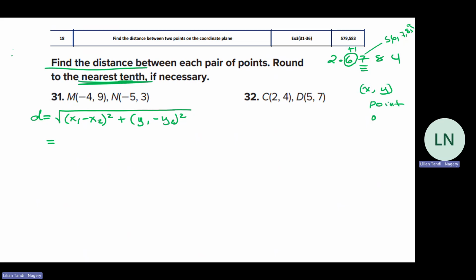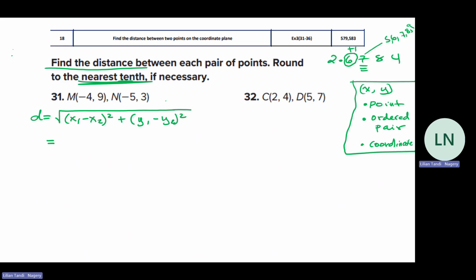It is also called an ordered pair. Use the vocabulary, ordered pair. It is also called a coordinate. So you should know what the question is using, because the question can use any of this vocabulary. So you should know what it means, okay?